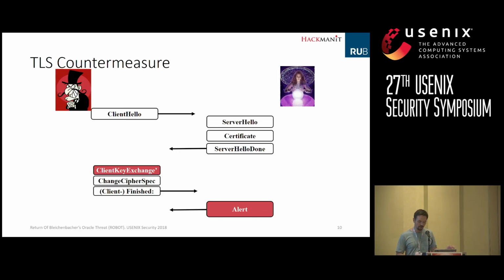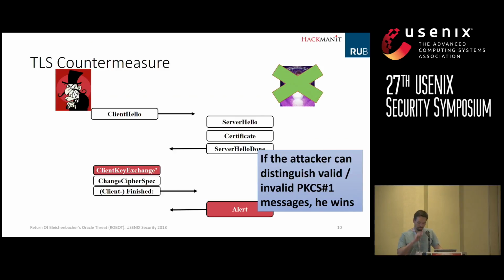If this is implemented correctly, and the attacker cannot distinguish valid from invalid messages using alerts or other side channels, then the attacker has no oracle and he cannot perform Bleichenbacher's attack. So in the next minutes, you just need to consider that if the attacker can distinguish valid from invalid ciphertexts, valid from invalid messages, then he can apply Bleichenbacher's attack.